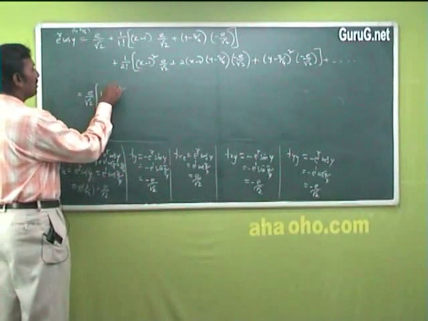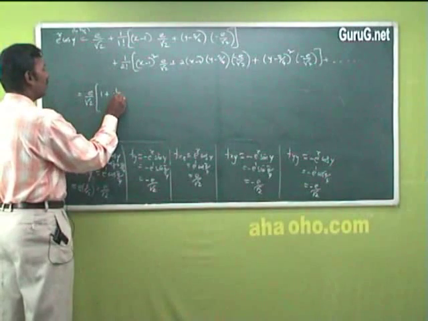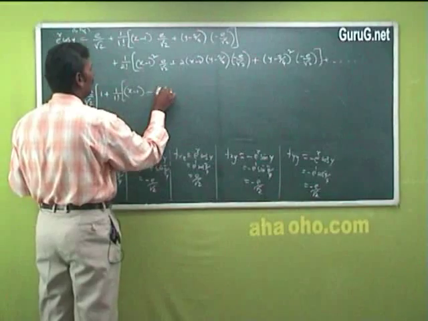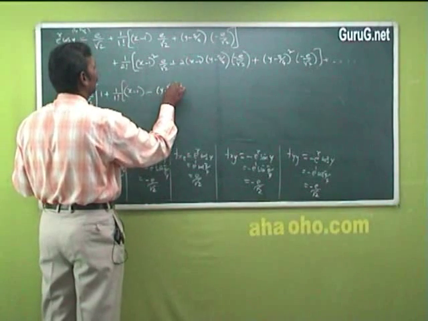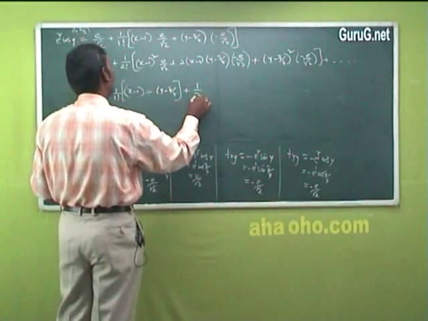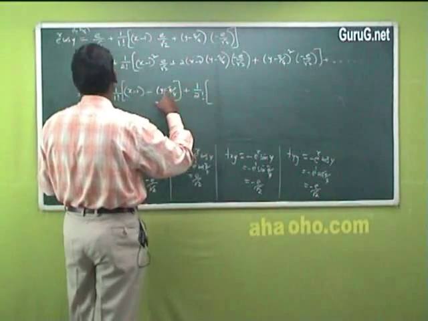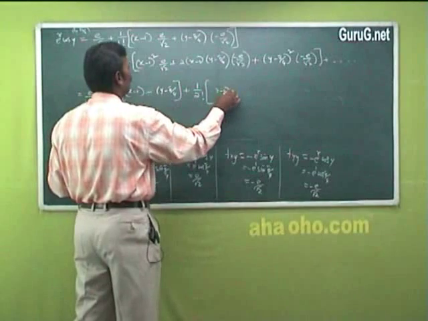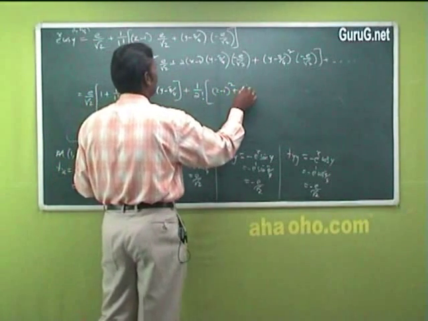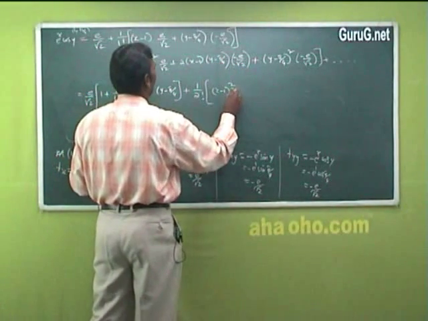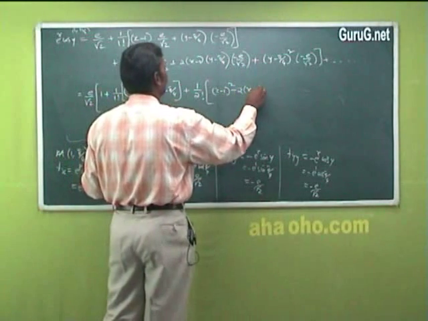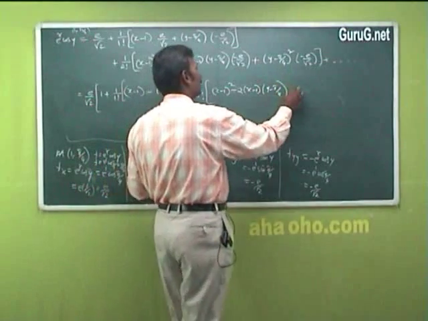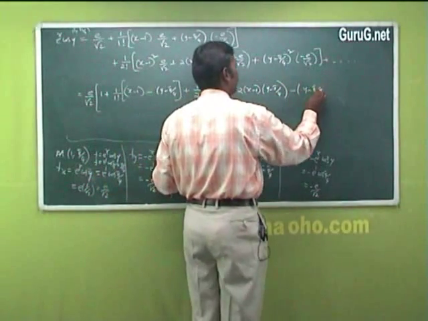So 1 plus 1 by 1 factorial, x minus 1 minus y minus pi by 4, plus 1 by 2 factorial, what comes here? x minus 1 the whole square plus minus 2 into x minus 1 into y minus pi by 4, again minus y minus pi by 4 the whole square.